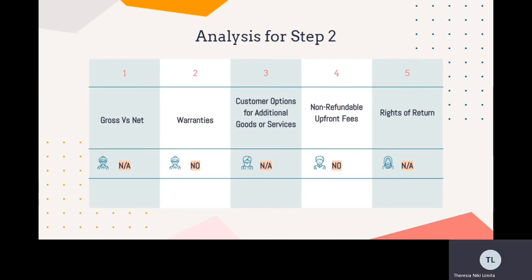So the analysis for step 2, which is identifying the performance obligations, talks about 5 criteria, some of which are not mentioned in the article that we already read before. First one is gross versus net, then customer options for additional goods or services, and then the last one is right of returns.